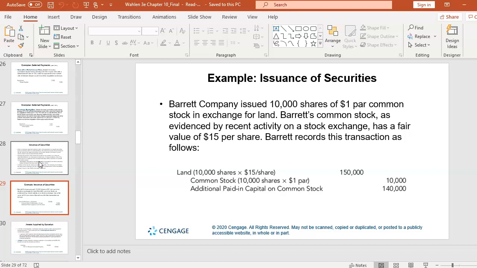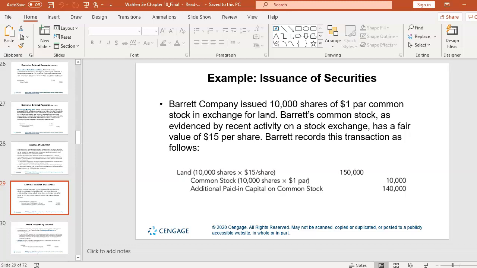But it's possible in that situation that this business, becoming incorporated, is maybe cash poor, but stock rich, right? So if they can convince somebody, hey, instead of writing you a check for $150,000 for this land, what if I gave you some shares of stock, and then our company should go up in value, and you're going to be better off than just receiving cash from us. So those types of transactions do happen.